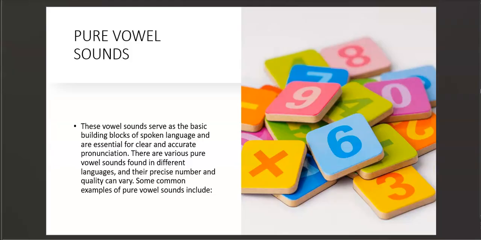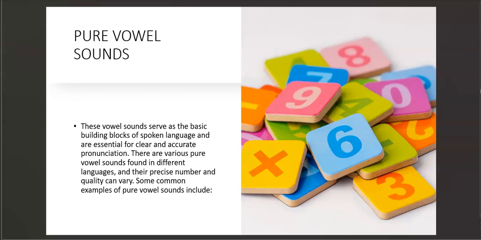So these vowel sounds serve as the basic building blocks of the spoken language and are essential for clear and accurate pronunciation. There are various pure vowel sounds found in languages, and their precise number and quality can vary.